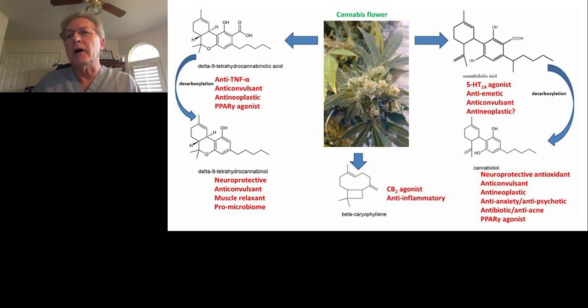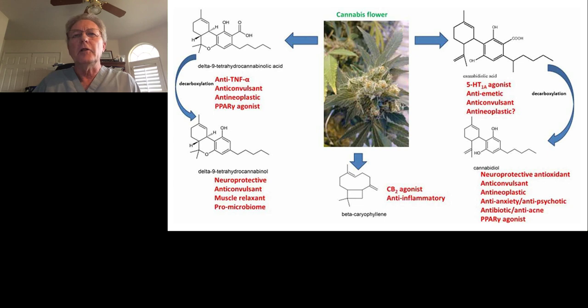Now, when decarboxylation occurs, and this generally occurs in the plant with time, when the plant is cut down and being prepared for processing, that process speeds up. And in the lab or in the processing or manufacturing of cannabis, by applying heat, this decarboxylation process really speeds up and turns that acidic form of the phytocannabinoid into the neutral form.